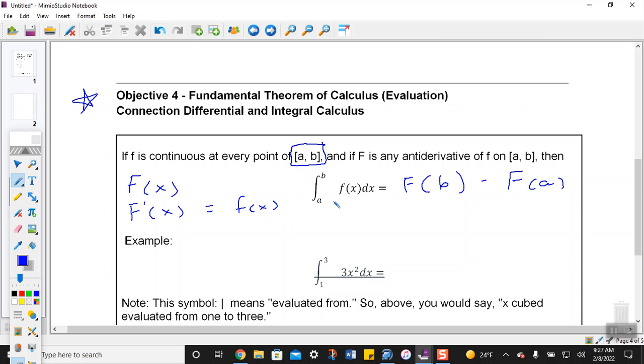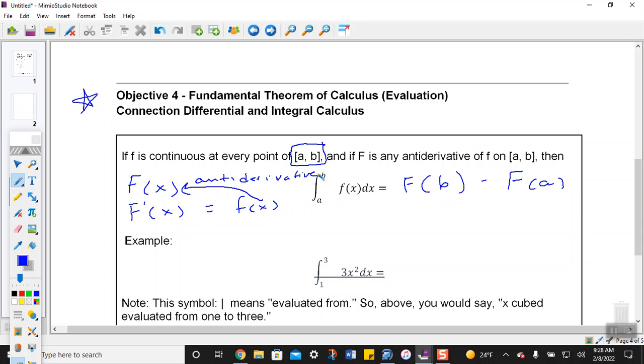So if they start out with a function little f of x, are we looking for a derivative to go backwards, or an antiderivative? Okay, so going from little f of x back to capital F of x, we're looking for an antiderivative. And that's the notation they use for the fundamental theorem of calculus. Typically they give you a lowercase letter for your function, and the antiderivative would be the uppercase letter of that. Does that make sense? Okay.